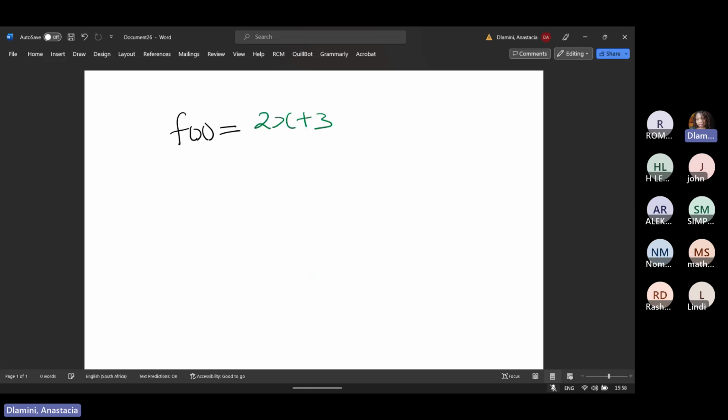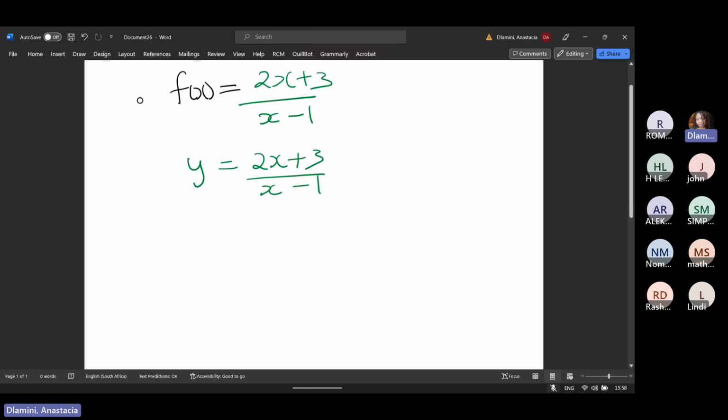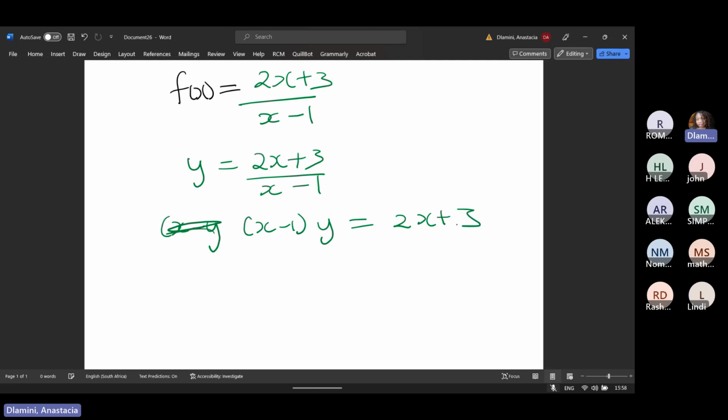So y is equal to 2x plus 3 over x minus 1. That's the first step. So I want to write x in terms of y. So it means x minus 1, y equals 2x plus 3.